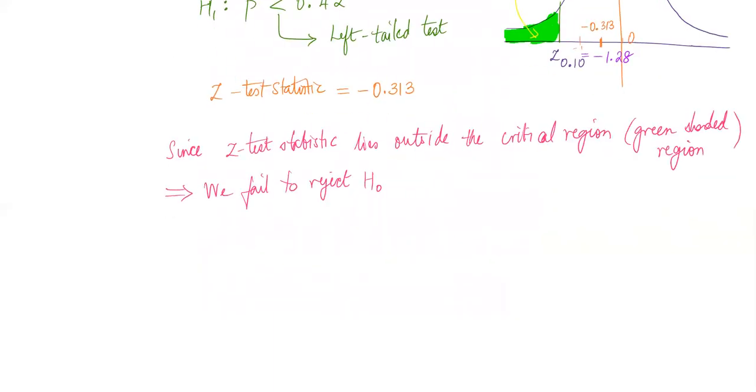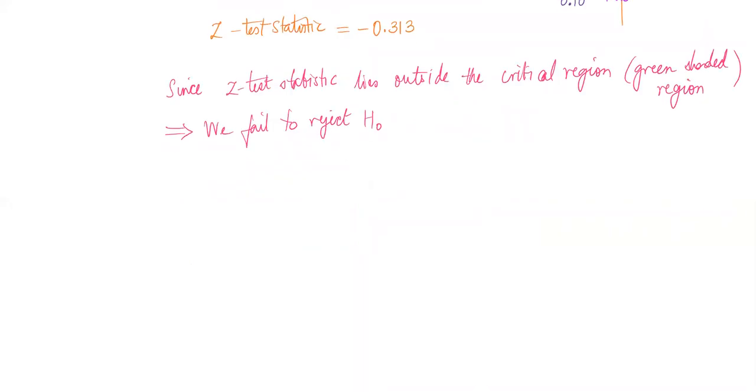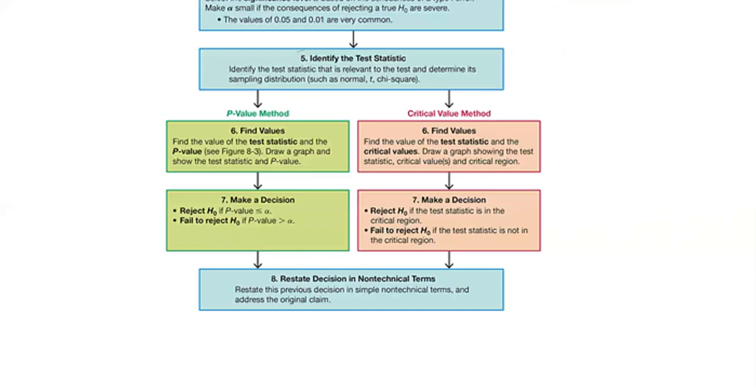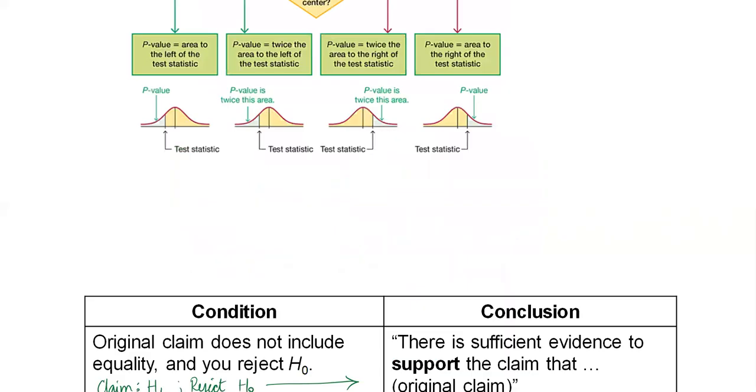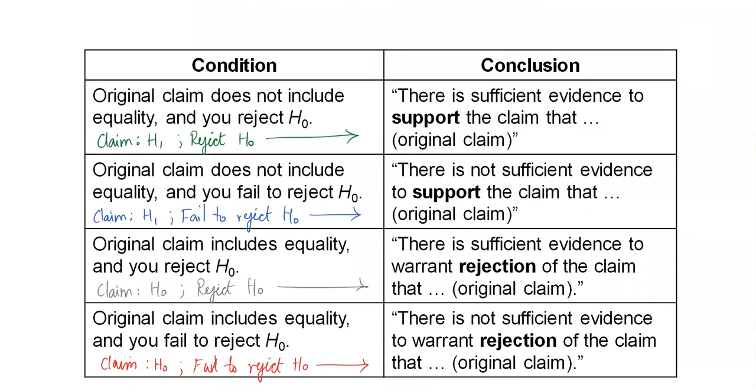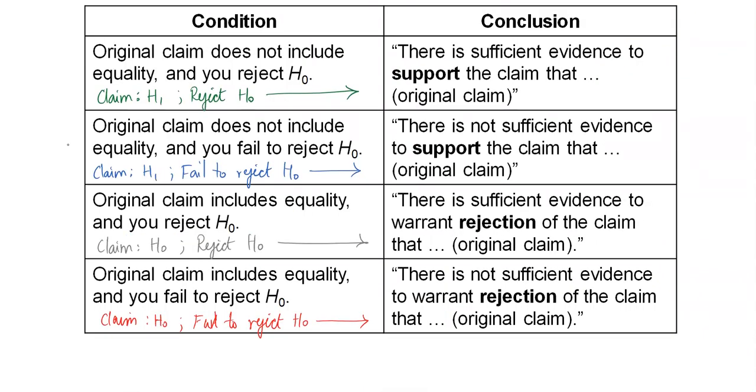Now to answer part D, which is to interpret this decision, we have to again go back to the table for decision making, the conclusion. We have failed to reject H0, so we will use either the second row or the fourth row. However, it depends on where the claim sits.